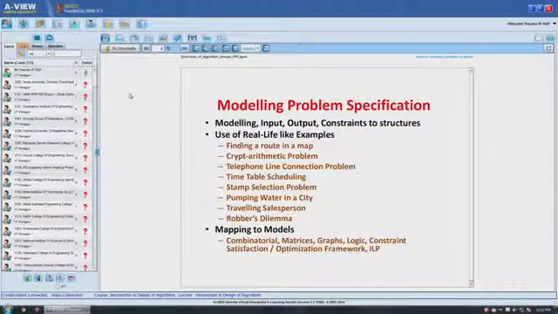The second and more important thing is that you will actually get to solve real life problems. You are not going to get problems which are classical textbook problems to solve. And when you start mapping these real life problems, then you need to look at these problems in a more modeling approach.